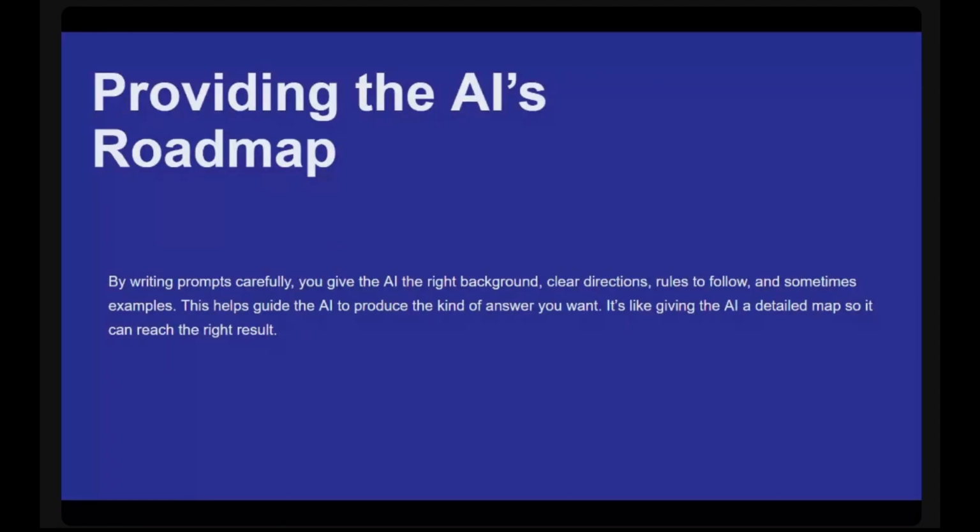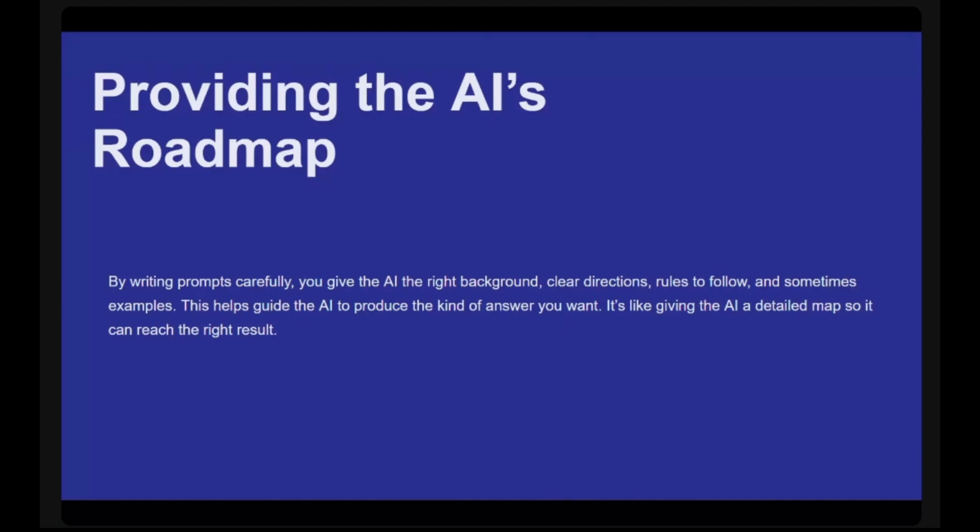So how does it help AI? This helps guide the AI to produce the kind of answer you want. It's like giving the AI a detailed map so it can reach the right results. It means that if you don't have something in your mind already, if you don't manifest what you want, you don't even know what you want as an output, then you cannot tell the AI.